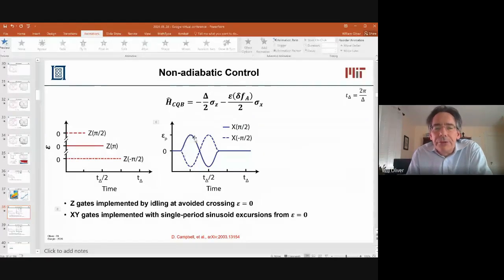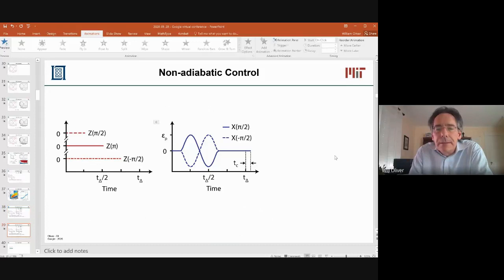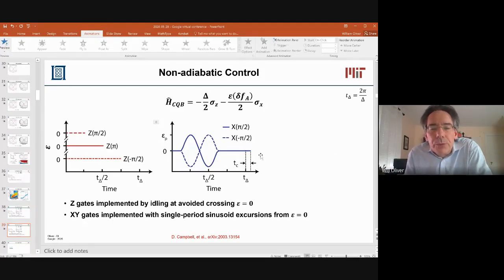The solid line is plus X, the dashed line is the minus X gate. When we're doing that, we end up getting some unwanted or additional Z rotation, which we can then correct at the end. So there's a little bit of extra time that's required.